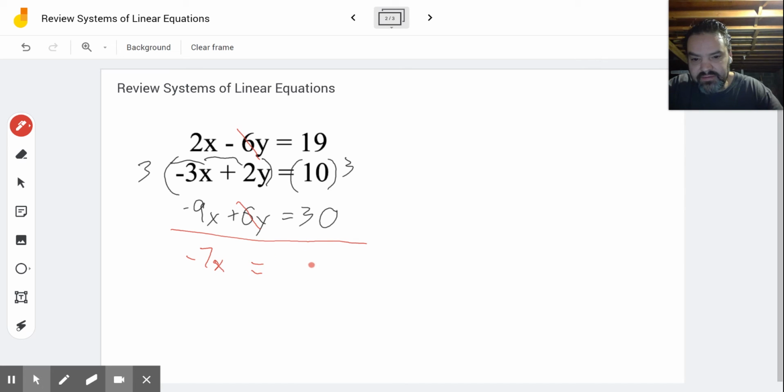So now I get negative 7x is equal to 19 plus 30, which is 39. Excuse me, 49. So negative 7x is equal to 49. And now I'm almost there. Solve for x. I'm going to divide by negative 7. So x itself is going to be negative 7.